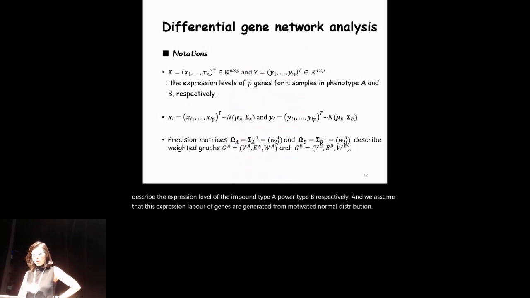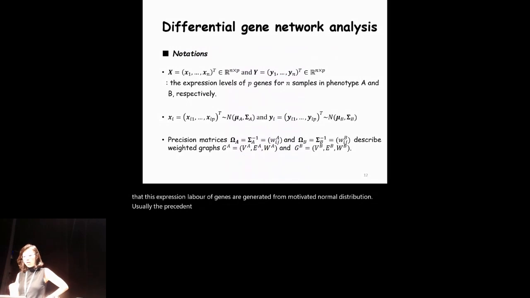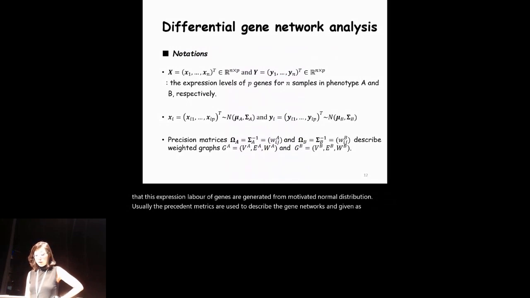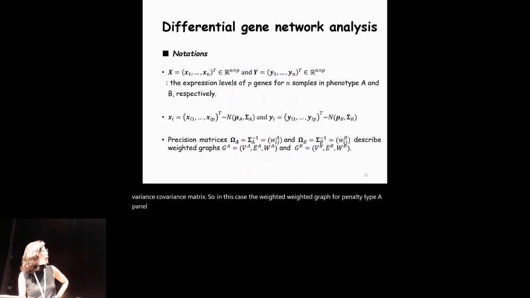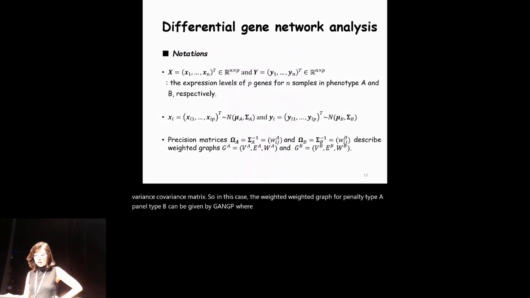Usually, the precision matrices are used to describe the gene networks, given as the inverse of the variance-covariance matrix. So in this case, the weighted graphs for phenotype A and phenotype B can be given by G_A and G_B, where V and E are the set of nodes and the set of edges respectively, and W describes the edge weights.